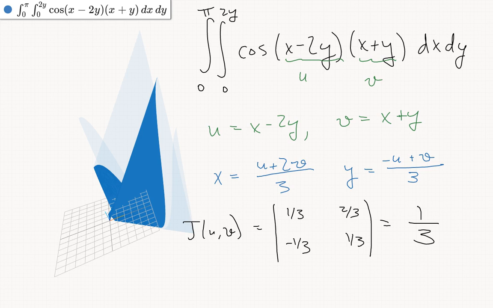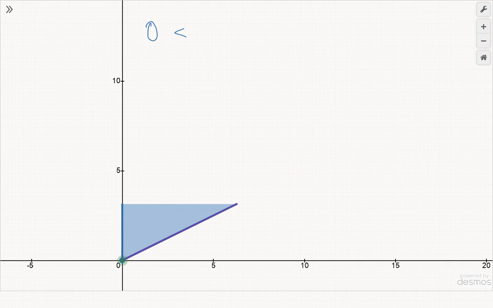Okay. So then again, we need to convert the xy bounds to uv bounds. So let's do that. For converting the bounds, again, we can just substitute in the definitions of u and v.